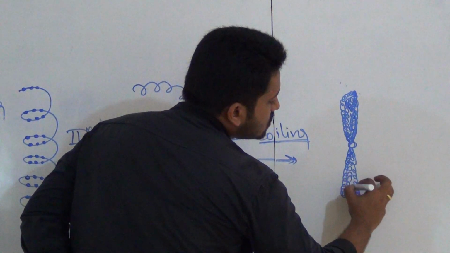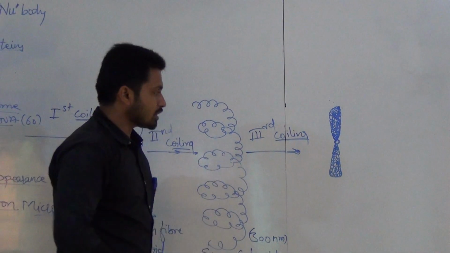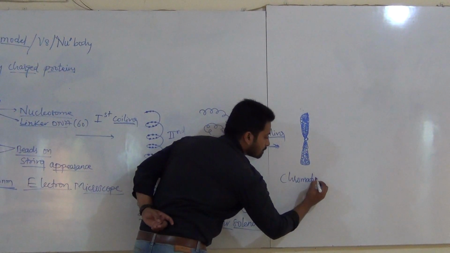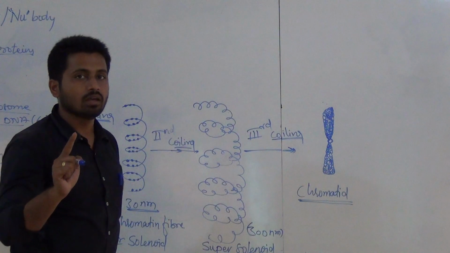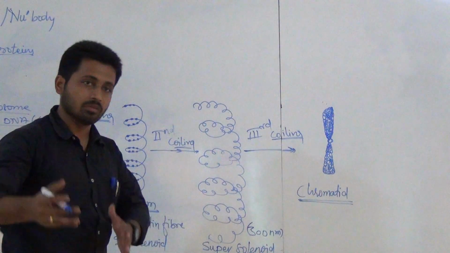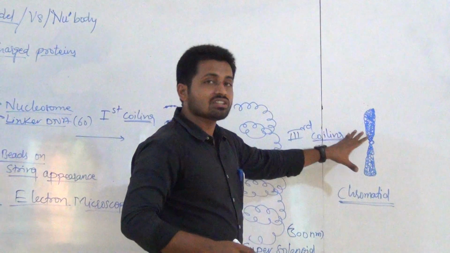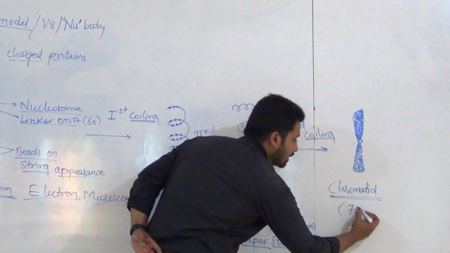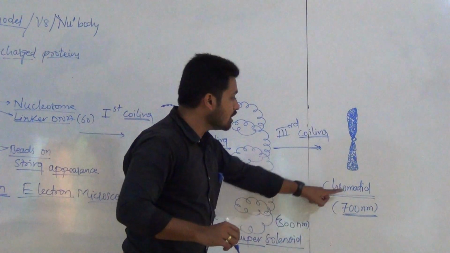This is the structure formed by again dense coiling of the super solenoid, and this we call chromatid. This is one chromatid. We are talking about only one chromosome. Anyway, there are 46 chromosomes, and the same will take place in all of them. But first we talk about only one, and this is the chromatid which is densely coiled. What will be the thickness? Again it will be double, nearly 700 nm. That is the thickness of the chromatid.